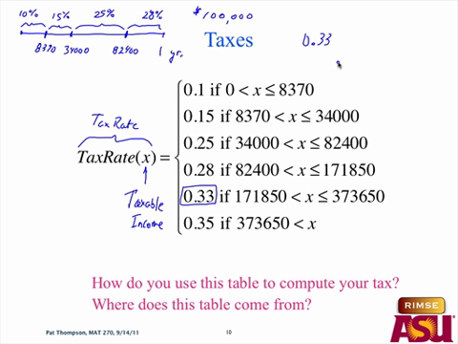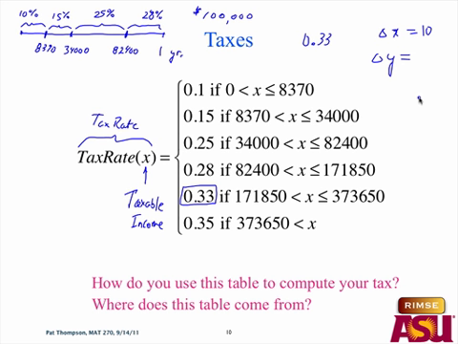But what if I make $10? Now delta x equals $10. How does 0.33 come into that? I'm going to make 10 more dollars, so how much more tax do I owe?